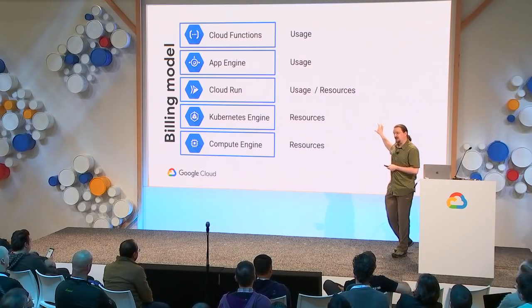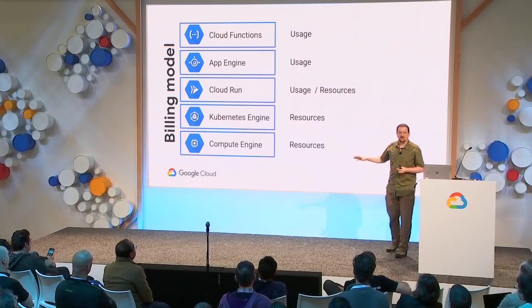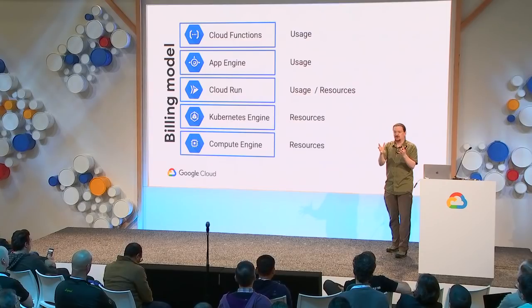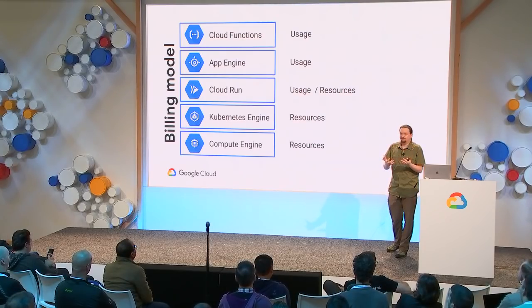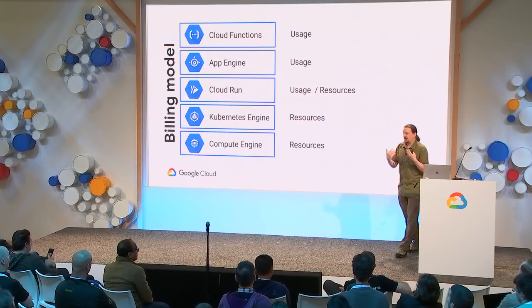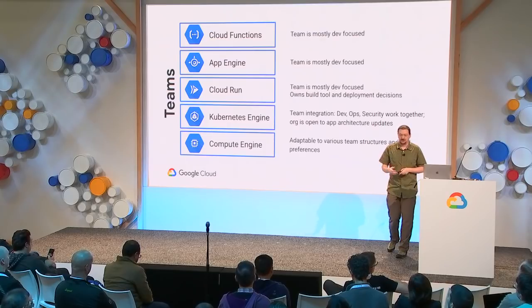Cloud Run on GKE itself, Kubernetes, and VMs, you're standing up a set of resources and paying for them while they're on, and when you turn them off, you stop paying. So there's a different model for how you pay for it, how you plan for that payment, and predict what it's going to cost. That may affect your decisions.